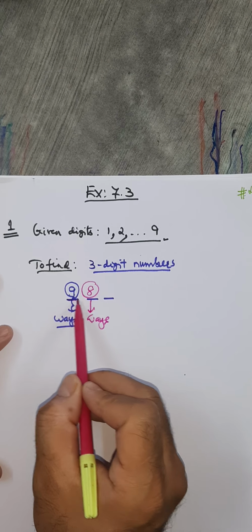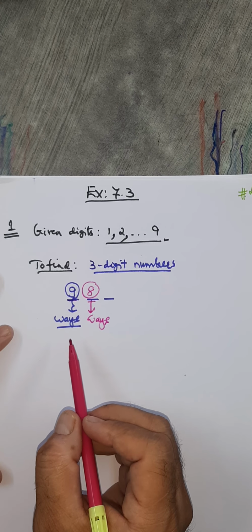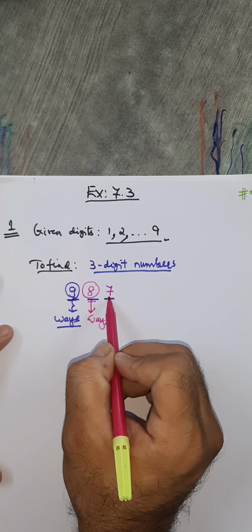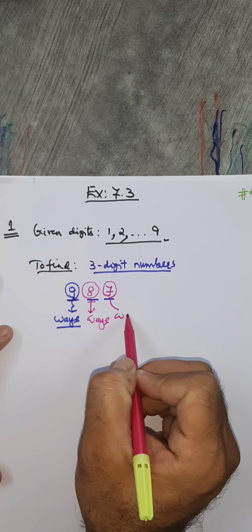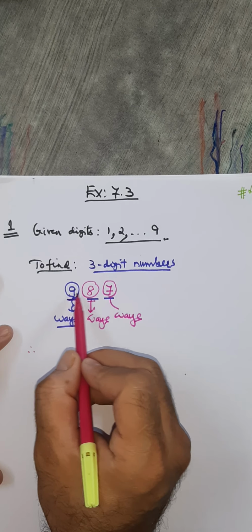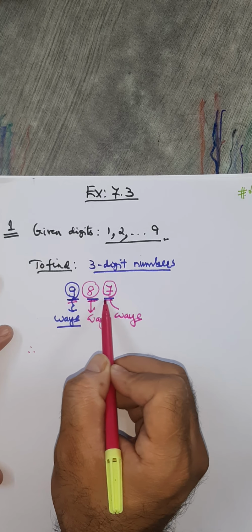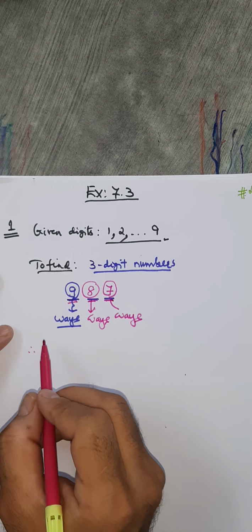Now 2 positions are filled up. That means 2 digits are gone. So you are left with how many digits now? 7 digits. So this can be done in how many ways? 7 ways. So if you recall the counting principle, the total number of ways of filling these 3 positions is their product.